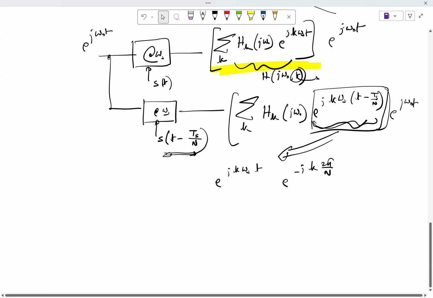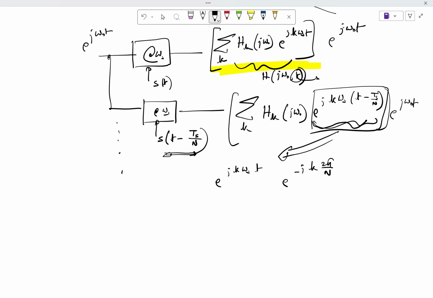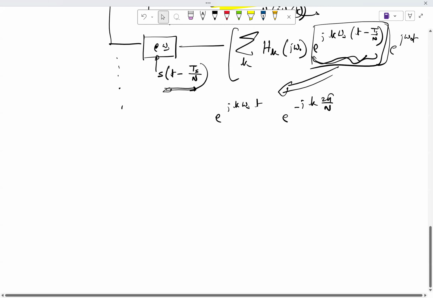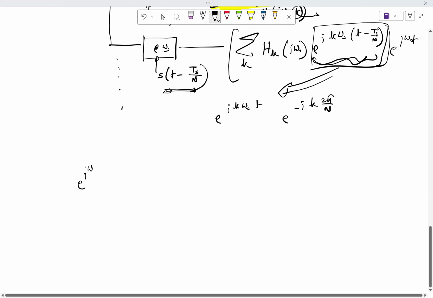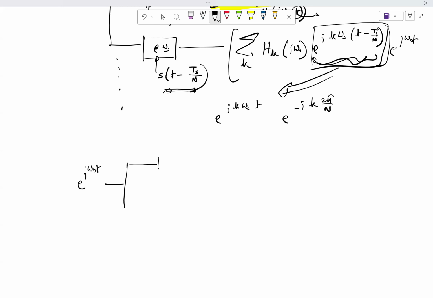So let's say I keep doing this and I take n such copies. And I add up at the output. Whatever, after getting all these n copies, I add up at the output, right? What I essentially mean is this: this is s of t minus Ts by n.